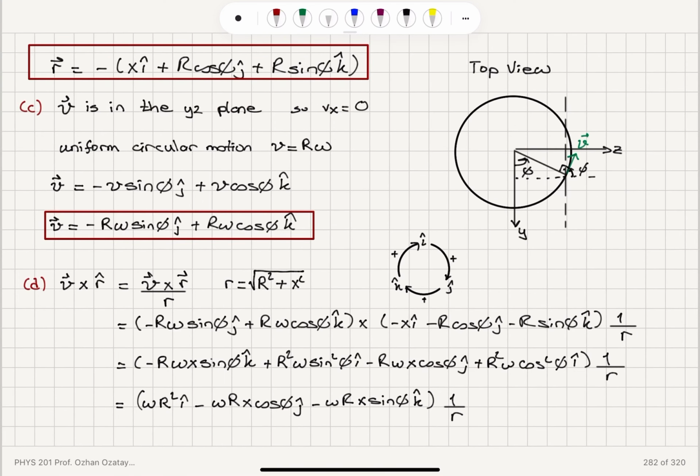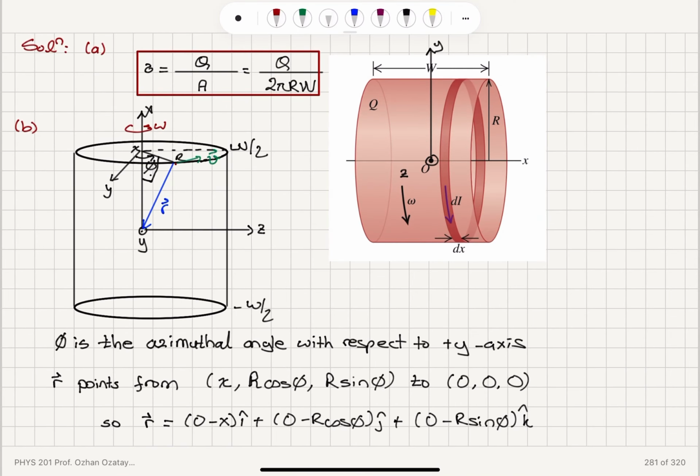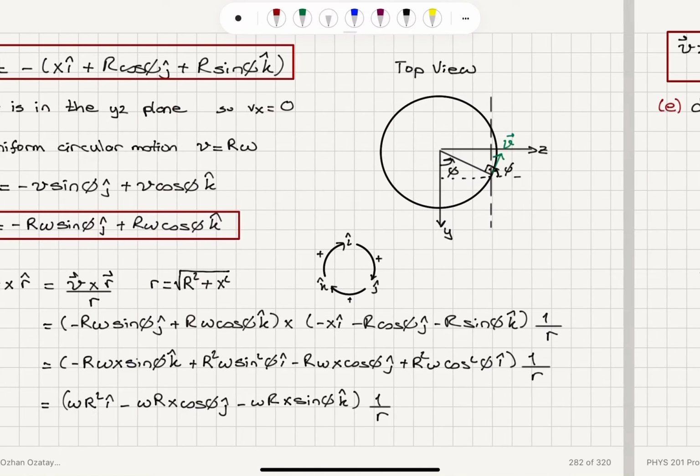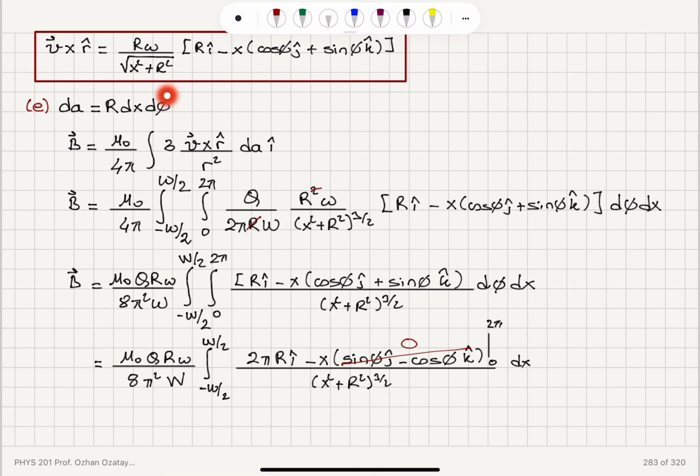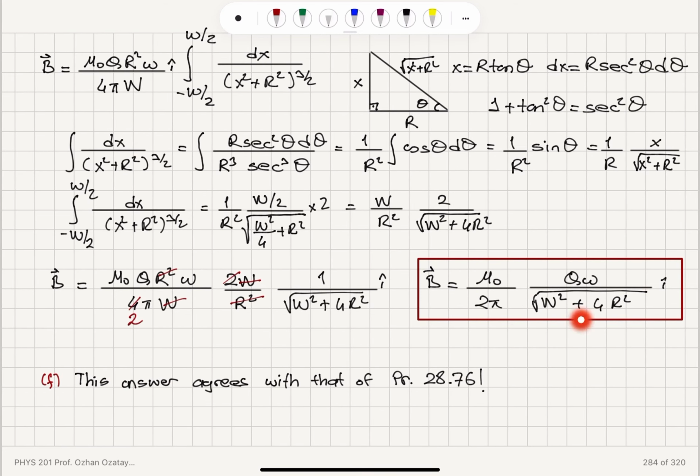So dx d phi, capital R d phi gives me the arc length. If I multiply it by dx, basically I will find the area of an element here. So performing this integral over x and phi from 0 to 2 pi and minus w over 2 to plus w over 2, I obtained exactly the same result as in problem 28.76.